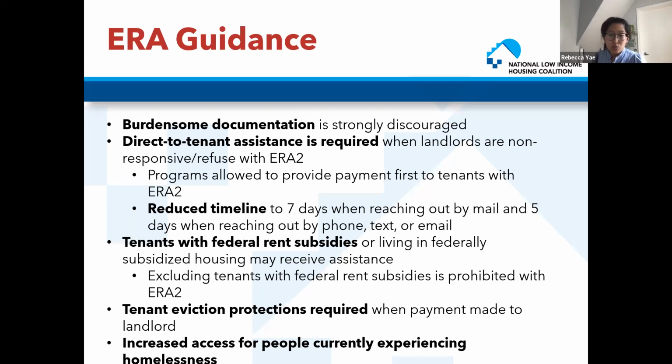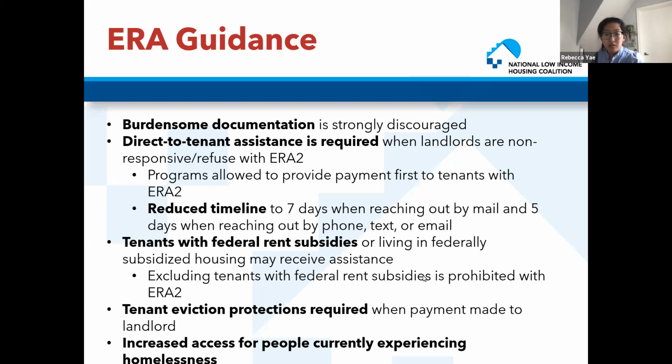Treasury also requires direct-to-tenant assistance when landlords are non-responsive or refuse to respond in ERA2. And programs are allowed to actually pay tenants first with ERA2 without going to landlords. Treasury additionally reduced the timeline to 7 days when reaching out by mail and 5 days when reaching out by phone, text, or email.